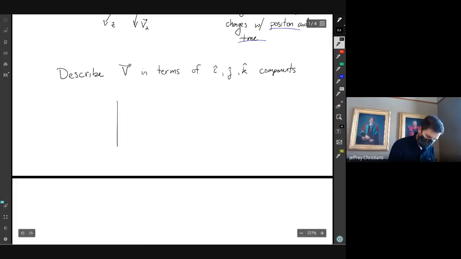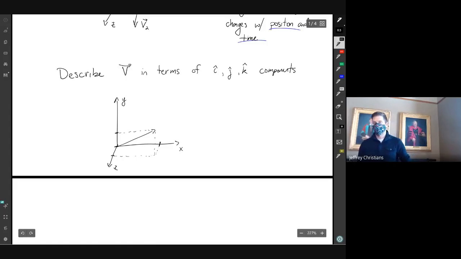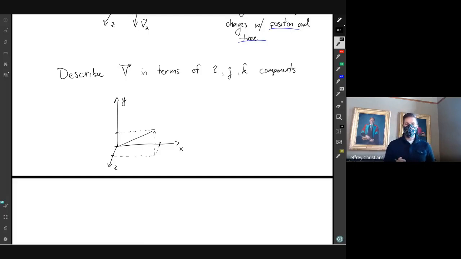So, right, if we looked at, again, on our coordinate axes, this is y, x, z. If we have some velocity like that, right, it has some component in each of these different directions. We're decomposing the vector into its individual directions.